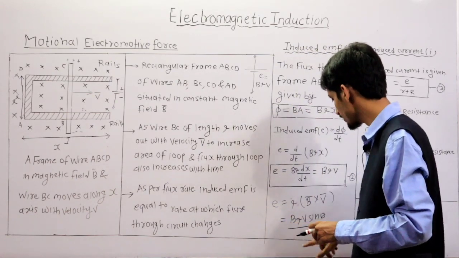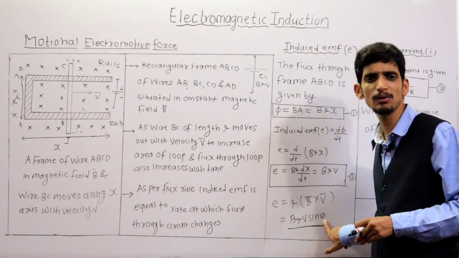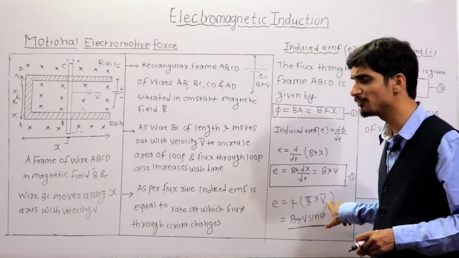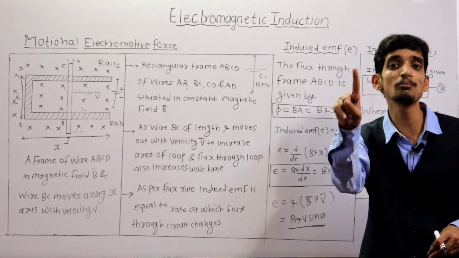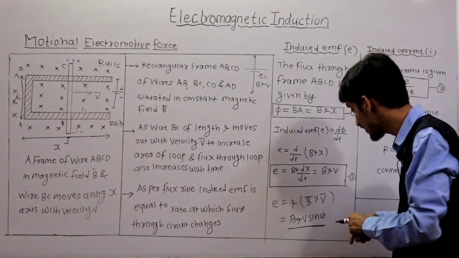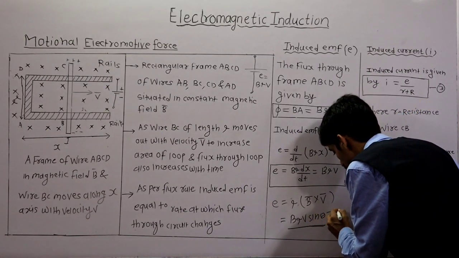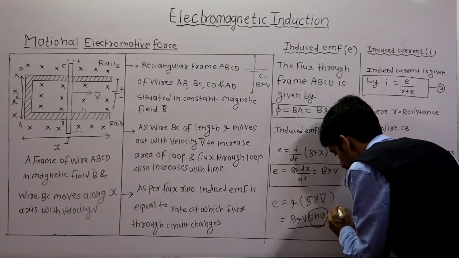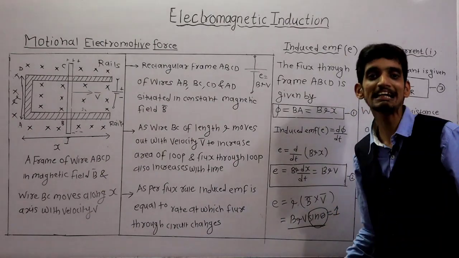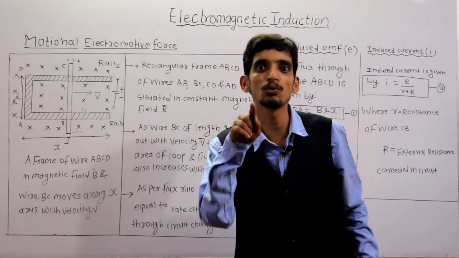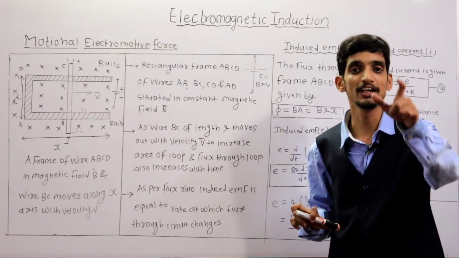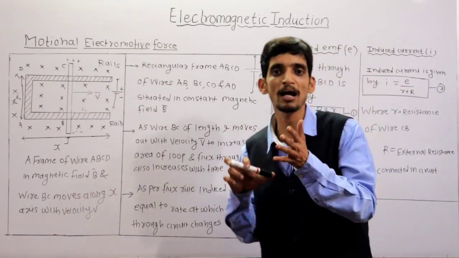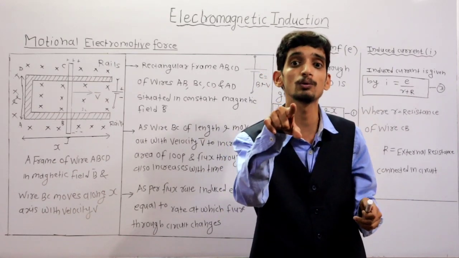Yes. It means this theta is the angle between B and V. It means this E is equal to BLV, it is the maximum EMF. Why? Because sin theta is equal to 1. When sin theta takes the value 1, theta is equal to 90 degrees. It means the velocity and magnetic field are mutually perpendicular to each other.